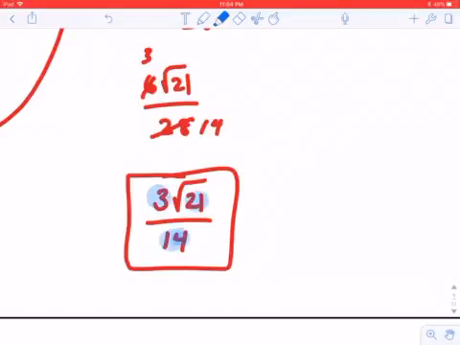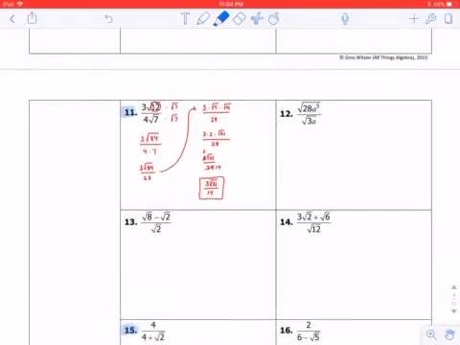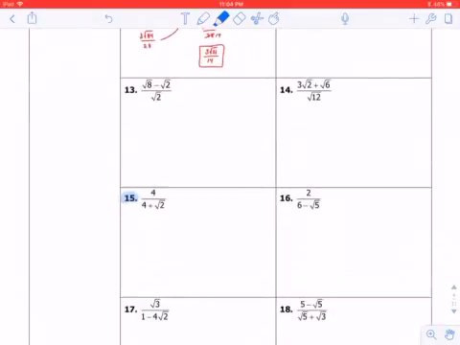I cannot divide the 21 and 14. So be aware of that, because the square root of 21 is not 21. It's actually a really ugly number, so don't try to do it. Actually, it is 4.582. So 4.582 doesn't go into 14. That's why we can't divide those. So again, don't try.